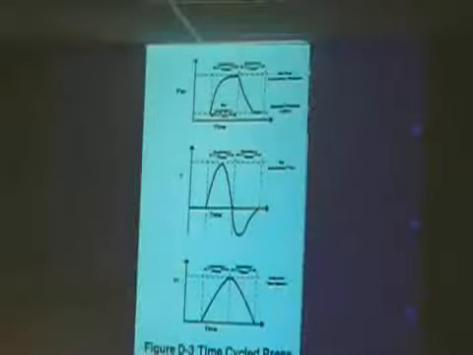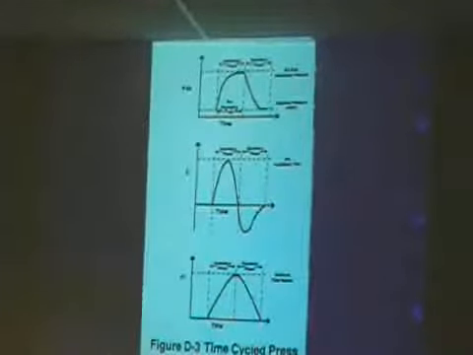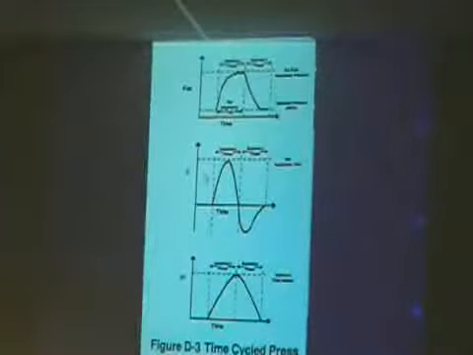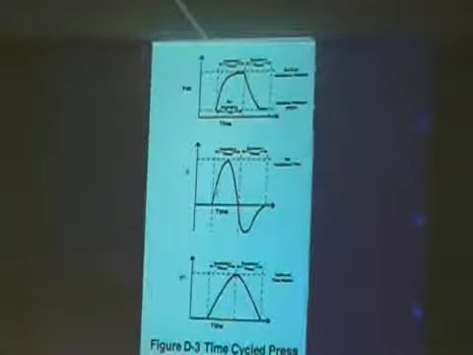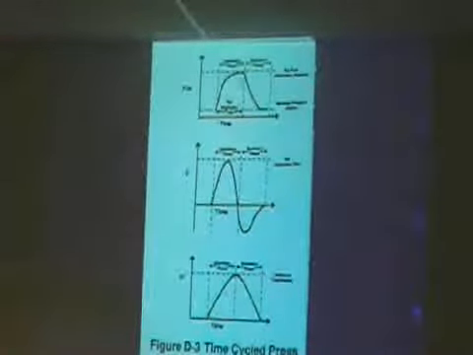Everyone needs to be familiar with the real-time waveforms that are on our ventilator and what those are telling us. And you need to take some time to look at what's going on with the tidal volume, the flow, and the pressure during time cycle pressure breaths. The pressure is going to slowly rise, look at your flow is going up, then the flow on inspiration goes down, so your pressure is going to stabilize.